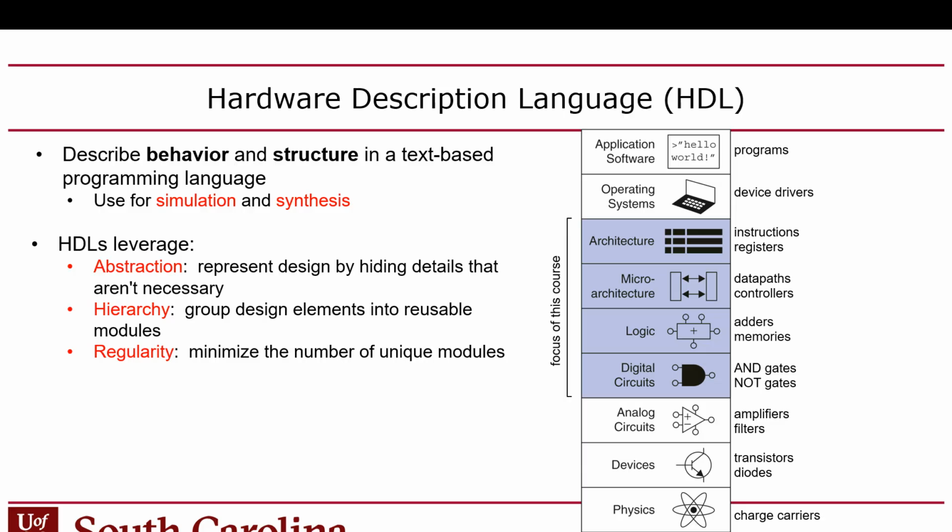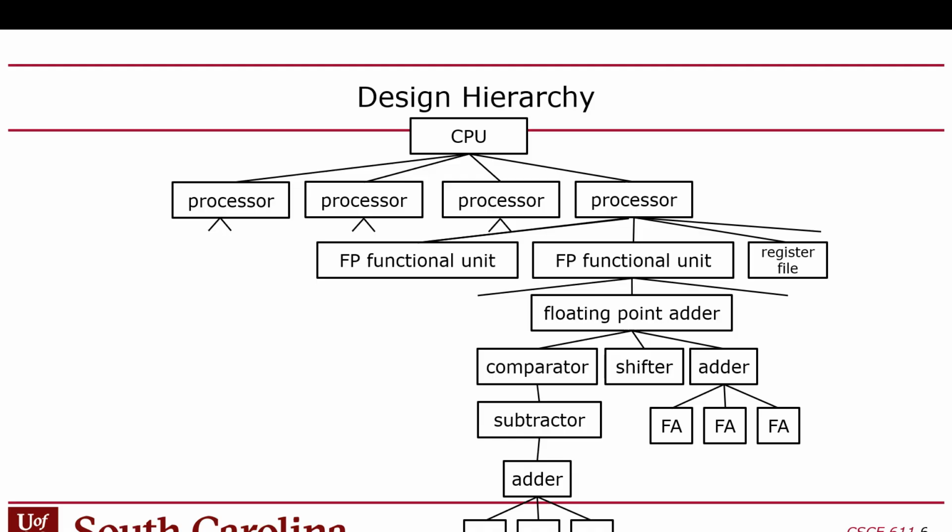And then abstraction is just saying that you're hiding details in the design, essentially by using hierarchy, right? For example, a CPU might be the root level design, the top level design, and then there are 4 processors. Those processors are just copied and pasted. Inside one of the processors, if you drill down, you'll see it's comprised of functional units and a register file.